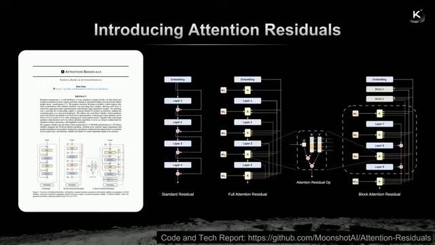For example, each block can contain 16 layers, or maybe 4 layers. Then we apply this attention residual only on the output of each block, but within each block, we still adopt the standard residual. This reduces a lot of overhead while having minimal loss in terms of training accuracy.